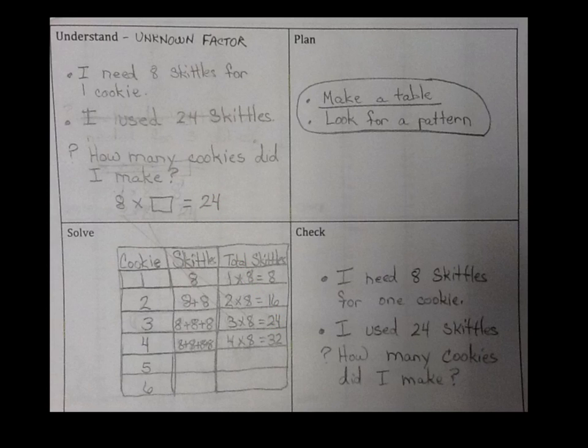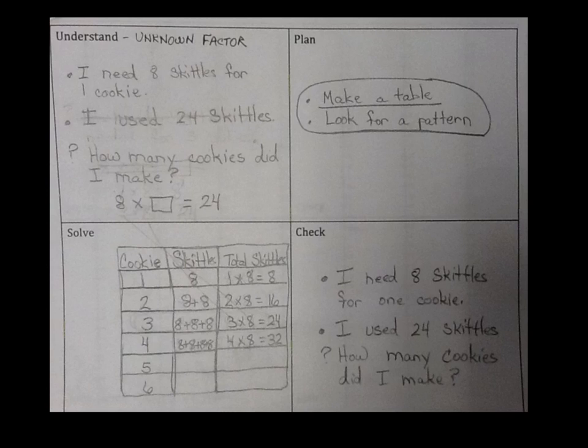So I'm going to take a careful look at this problem and notice that I have an 8. That is represented right there. That's one factor. My missing factor is the 3 right here, because 3 times 8 equals 24, or 3 cookies times 8 Skittles in each cookie equals 24 altogether. My missing factor is 3.